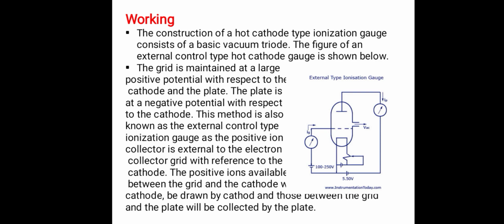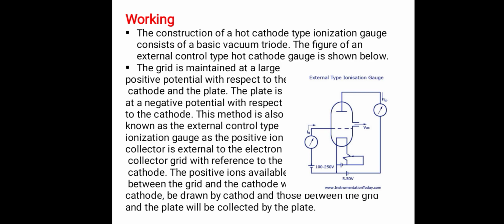This method is also known as the external control type ionization gauge, as the positive ion collector is external to the electron collector grid with reference to the cathode. The positive ions between the grid and the cathode will be drawn by the cathode, and those between the grid and the plate will be collected by the plate.